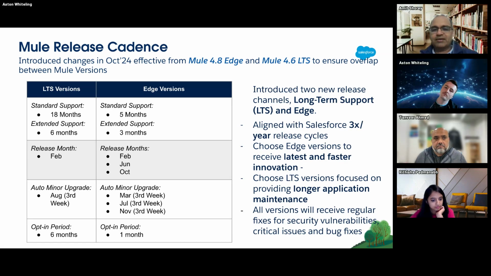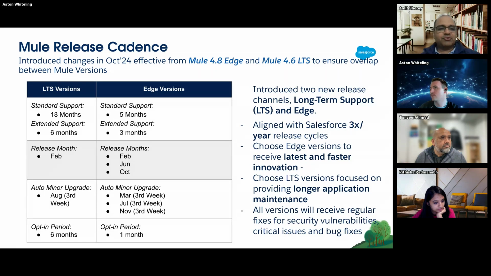One was called the LTS, the long-term support, and the second was the Edge channel. The LTS channel was for customers who wanted a longer window for application maintenance, and the Edge channel was to receive the latest and faster innovation that we are bringing.